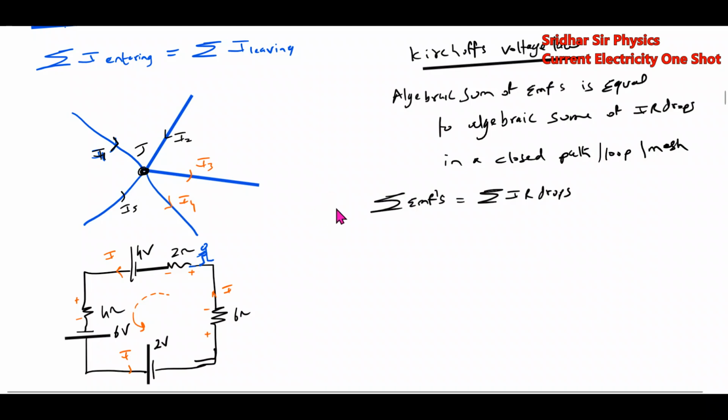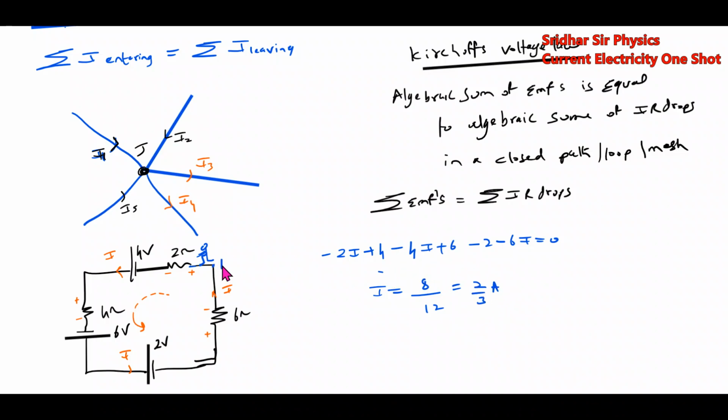Minus 2I, plus 4, a rise in EMF, plus 4, minus 4I, plus 6, minus 2, minus 6I equal to 0. So I will be equal to the total applied EMF, 8 by 12, or 2 by 3 ampere.